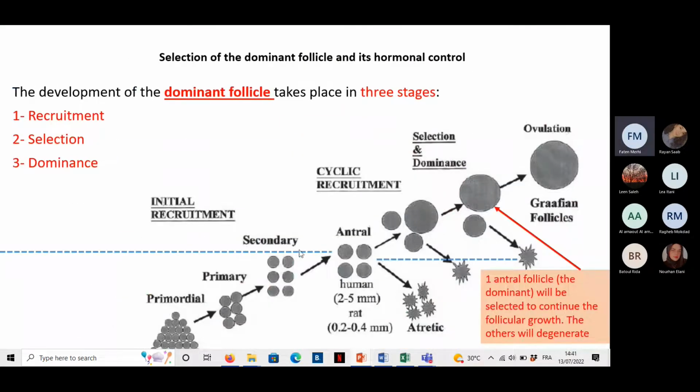Those secondary follicles will give early antral follicles or tertiary follicles.